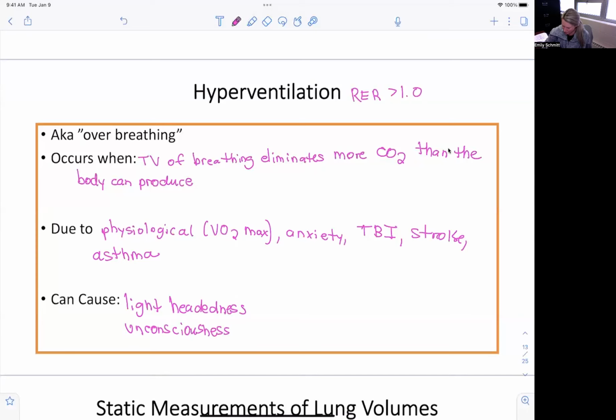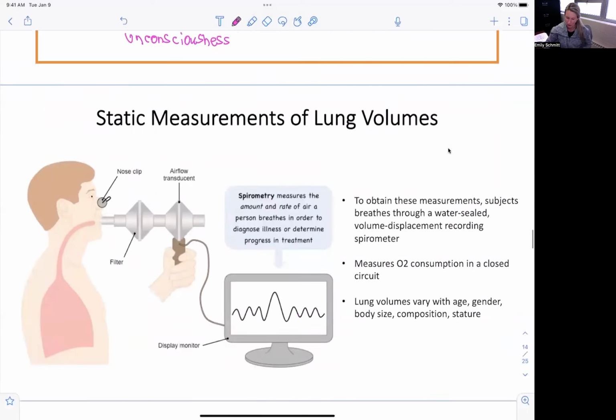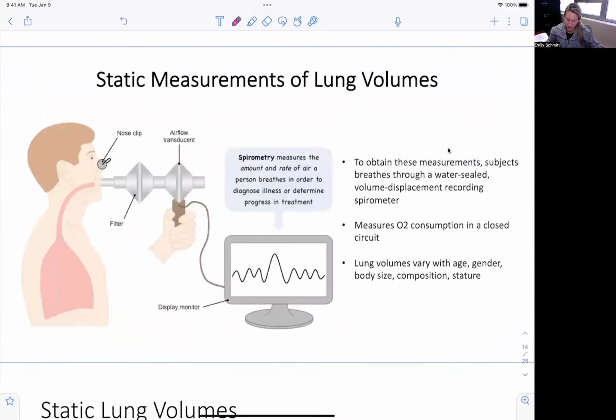So let's talk about ways that we can measure lung volumes. Make sure that you watched, or definitely after this lecture, make sure you watch the YouTube video of someone being taken through static measurements of their lung volumes. It's a 3-minute video.